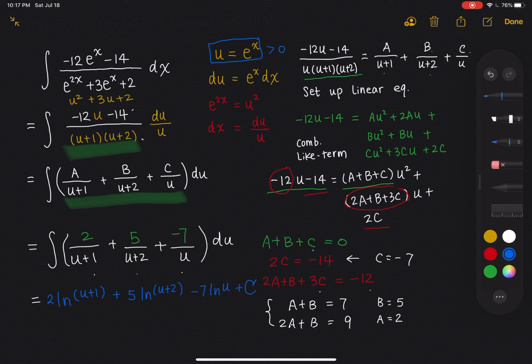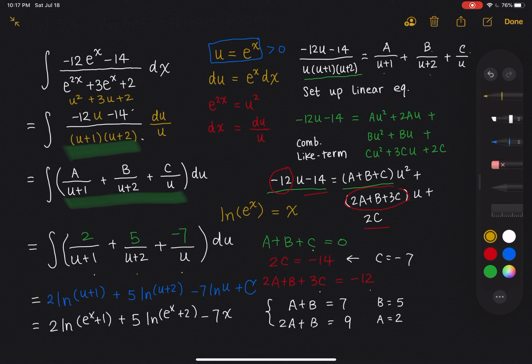But we're still not done yet. We have to change everything back to be in terms of x. So you get 2 ln of e to the x plus 1, plus 5 ln of e to the x plus 2, minus 7 ln of e to the x, which is just x, because of the identity: natural log of e to the x, what is the exponent?